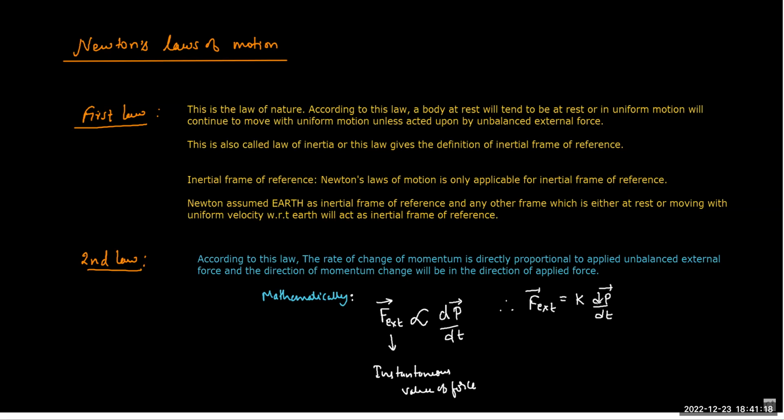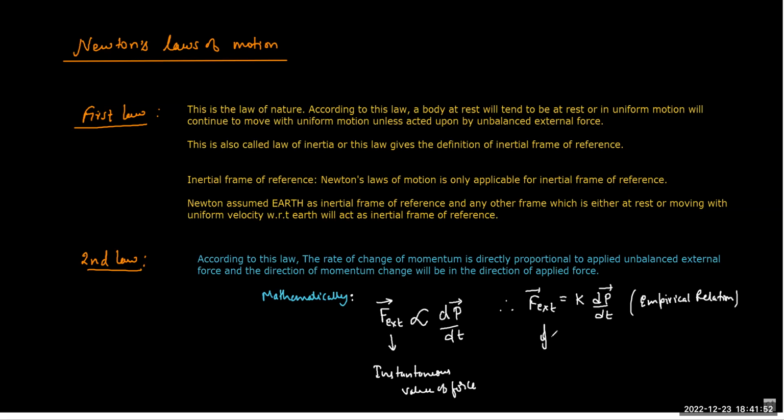And I have told you that force cannot be measured in an absolute term. It is just a kind of empirical relation. And with the help of this relation, you get a comparative value of force. Understood what I'm saying?